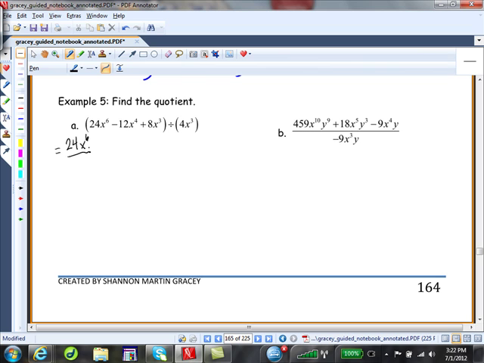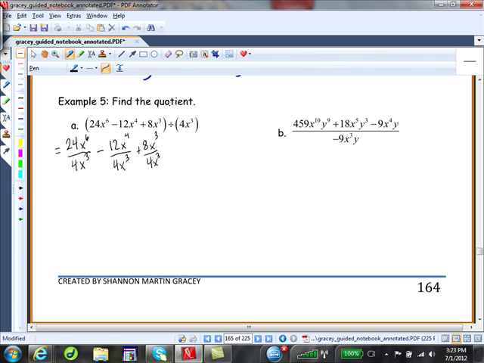24x to the 6 divided by, I'm going to use the fraction bar as divided by, 4x cubed. Do you see that's a problem just like what we were working on in the last ones? And then we have to finish it off. Minus 12x to the 4th over 4x cubed, and then plus 8x cubed over 4x cubed.